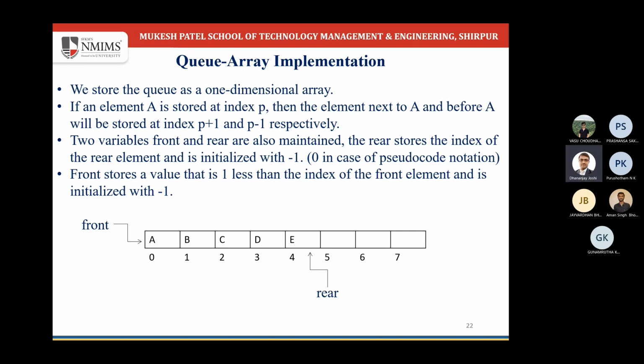If we keep on deleting b, c and d, once we delete d, value of front will become 3.